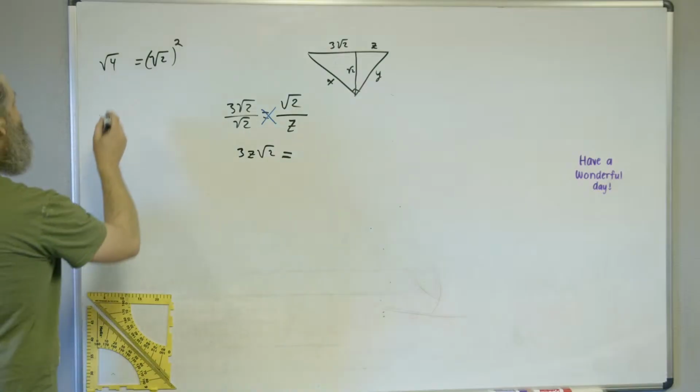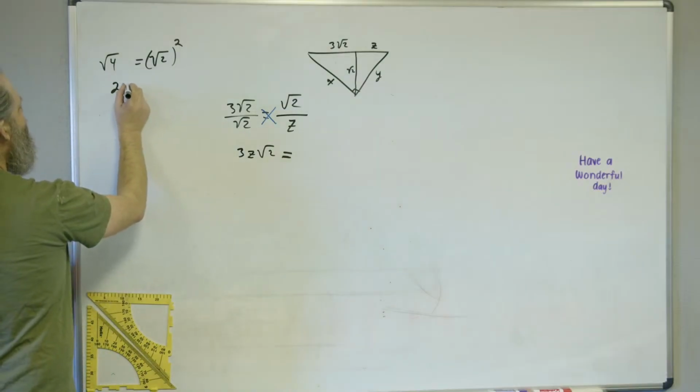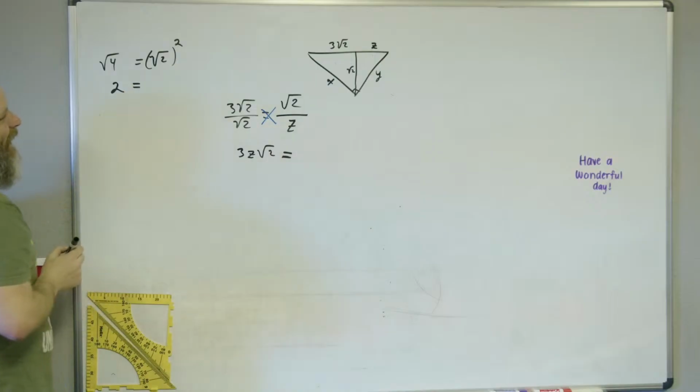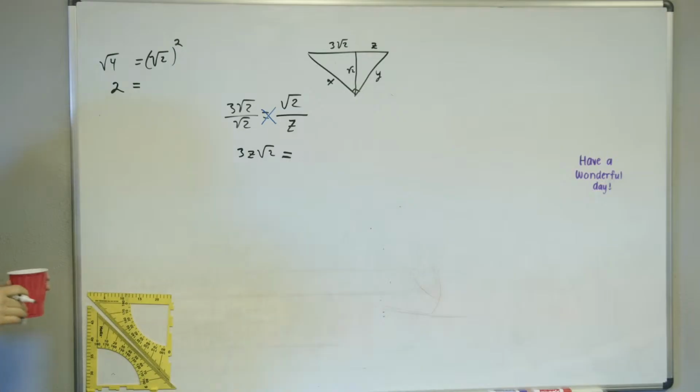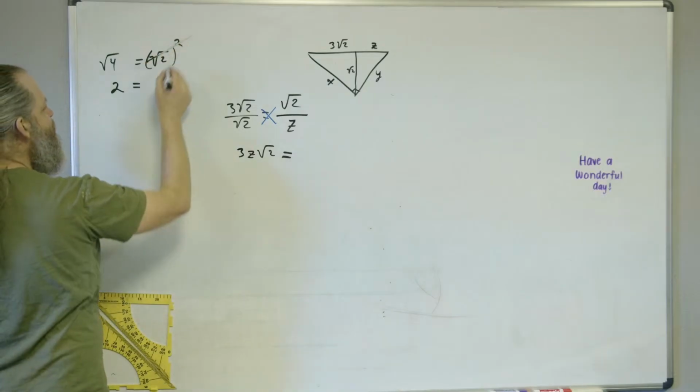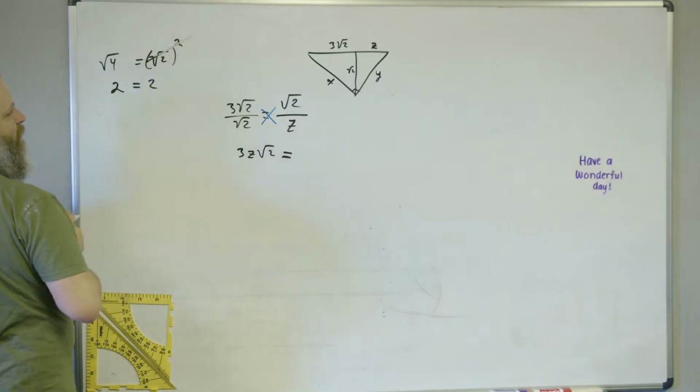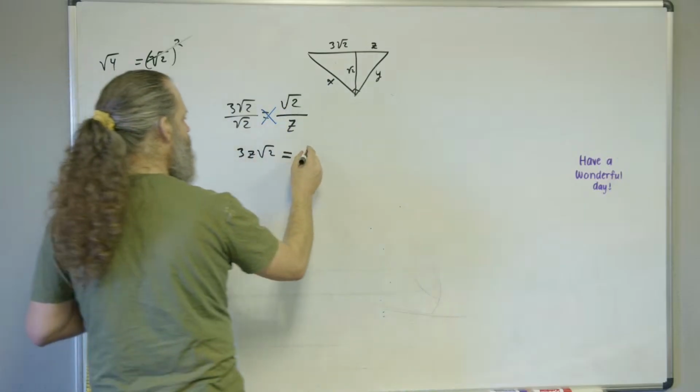True enough. Now, what are square root and squared to each other? They're canceling because they're opposites or inverses, right? So they cancel. So that side also equals 2. So the square root of 2 times the square root of 2 is 2.